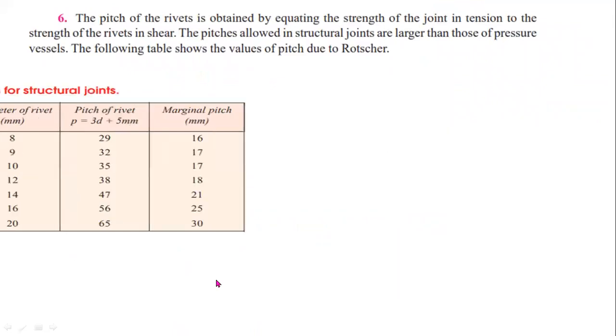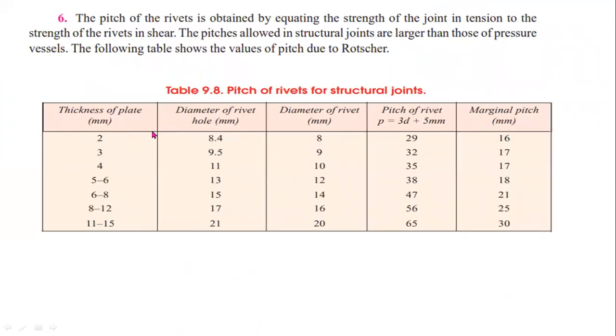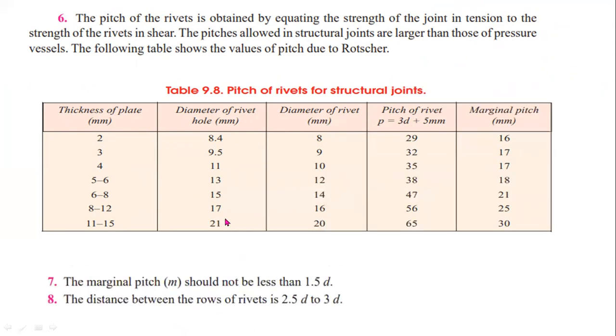After that, you have to determine the row pitch. That means the distance between two successive rows is called row pitch. In the sixth step, you have to determine the proper row pitch. In the seventh step, you have to determine the margin.